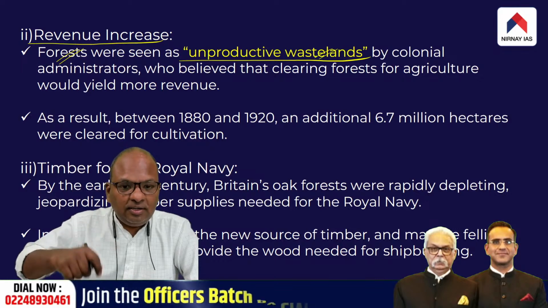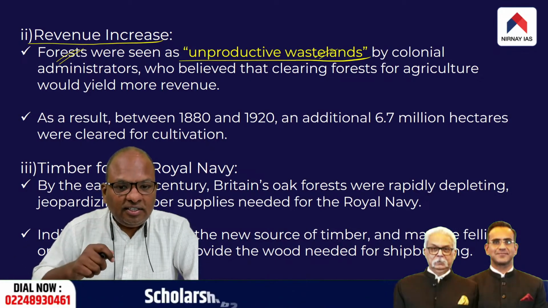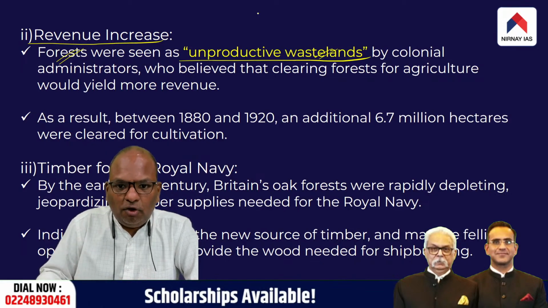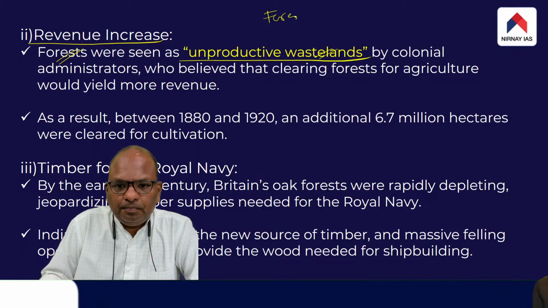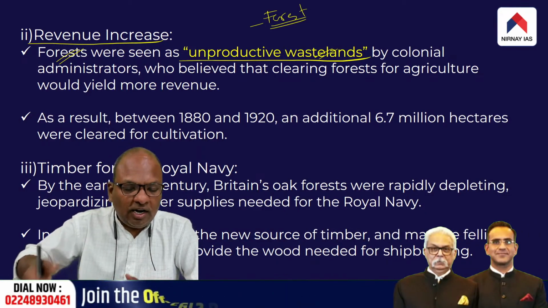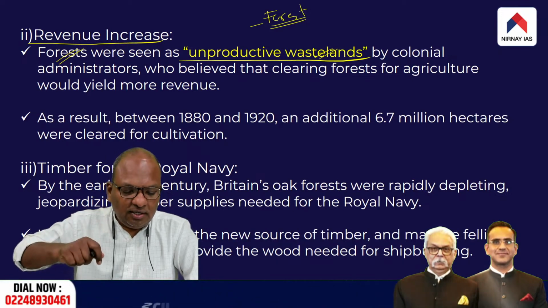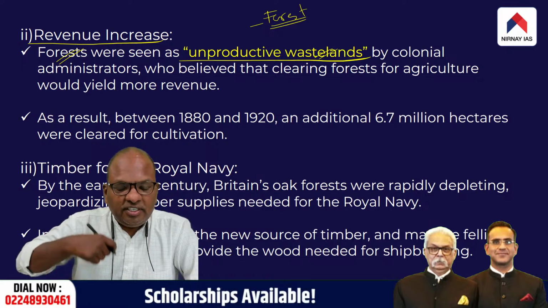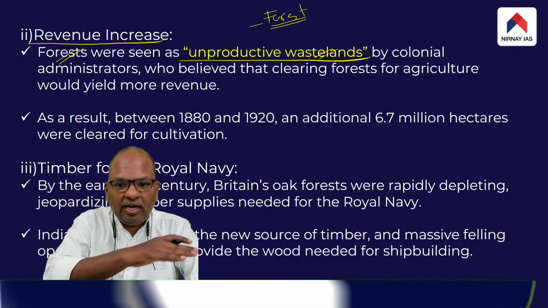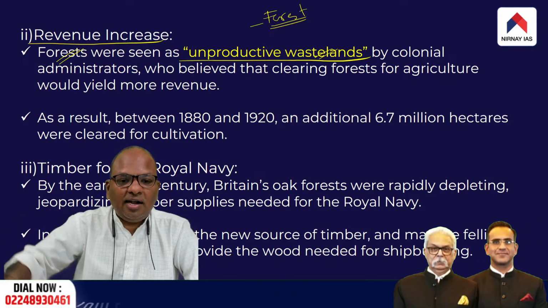The point is, the more the land under cultivation, the greater the opportunity for the British to collect taxes from the people. In the forested regions, the British cannot collect any taxes, particularly the land revenue, and therefore, with a view to increase their revenue, the British began encouraging people to cut down the forest and bring more and more land under cultivation.